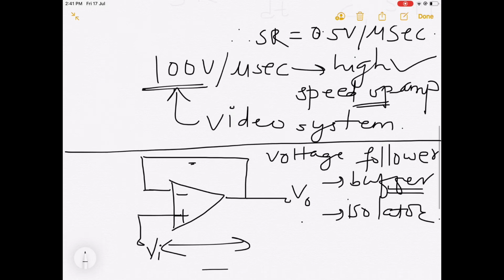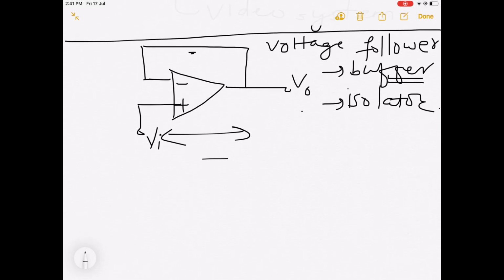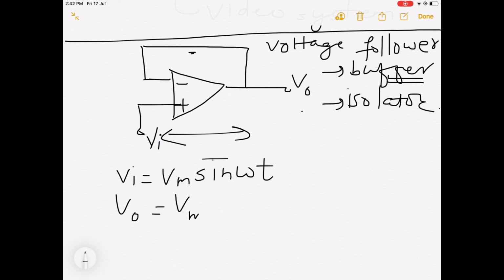Here we are applying, suppose, Vi equal to Vm sin omega t, and the output will be Vm sin omega t because it is a voltage follower. There is no phase shift.